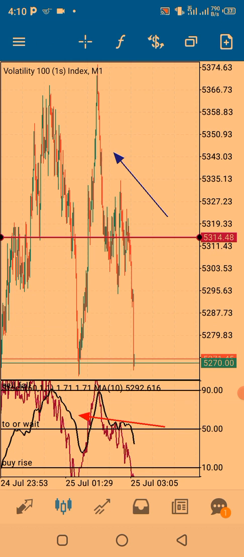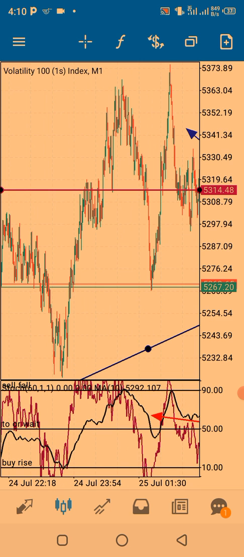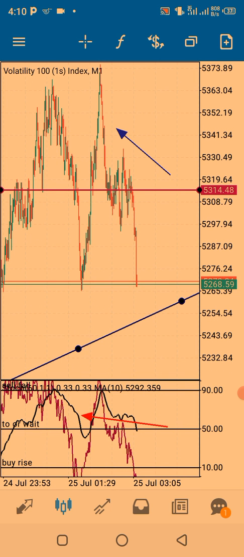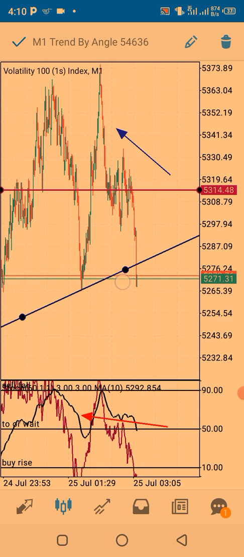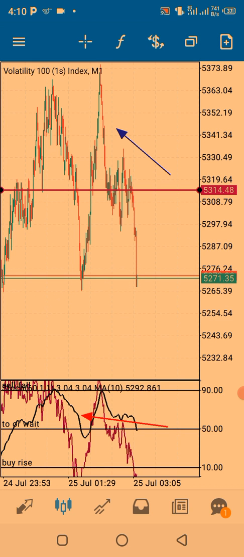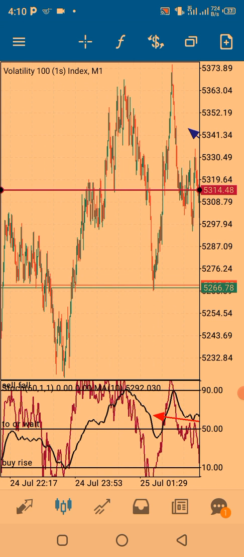So how does this work? There are two situations of stochastic behavior with respect to those levels 90 and 10. A stochastic might reach level 90 and start oscillating.